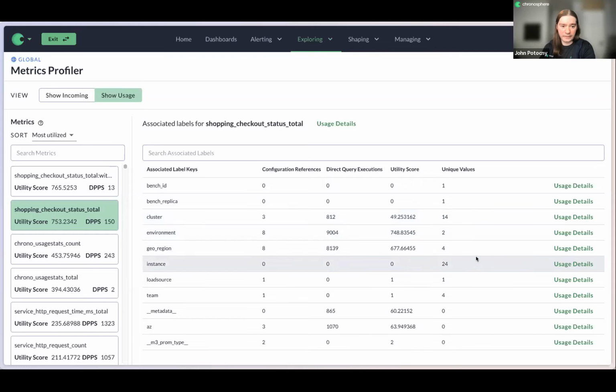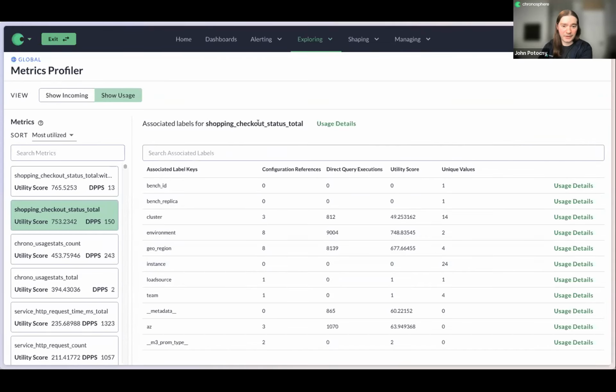But you can see that, even in the case of highly utilized metrics, you're probably going to have some dimensions that are just not being referenced or used anywhere. So the instance label here, as an example, it's got 24 unique values, not referenced anywhere, not being queried by anyone, whether ad hoc or in dashboards or alerts. It has no utility that it's offering to us relative to the other dimensions for this metric. And that makes sense.